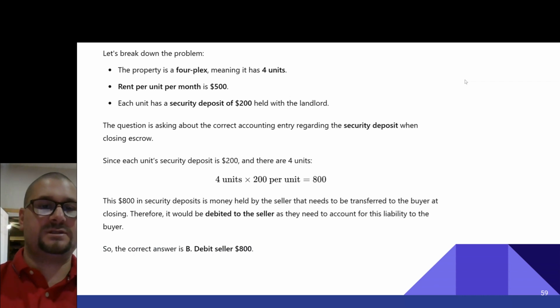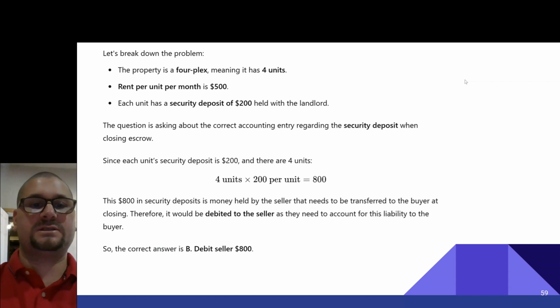Since each unit's security deposit is $200, 4 units times $200 per unit is $800. The $800 security deposit is money held by the seller that needs to be transferred to the buyer at closing. Therefore, it would be debited to the seller, as they need to account for this liability to the buyer.